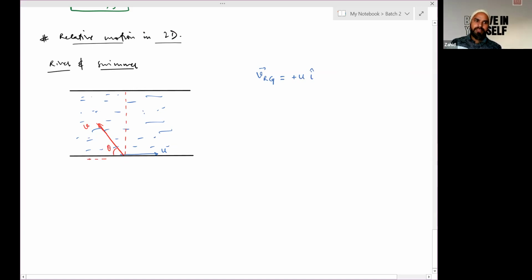One would be along this direction and the other would be along this direction. So this will be v times cos theta and this will be v times sin theta. So if you write it in terms of vector, it will be velocity of swimmer with respect to river.